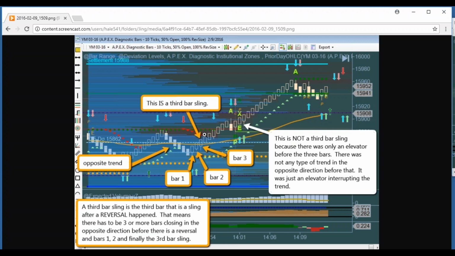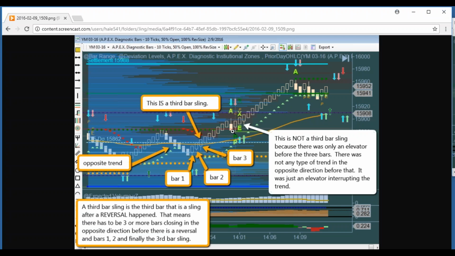Now, what about up here? We have 1 up closed bar, 2 up closed bars, and the third up closed bar has a sling. That is not considered a third bar sling because there was only 1 bar opposing, and what do we say? There's got to be at least 3 opposing bars.